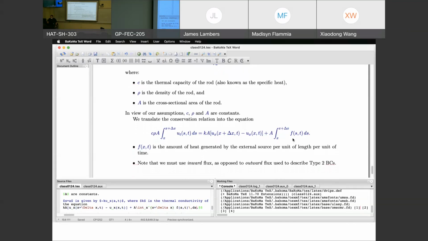And notice how f is the amount of heat generated per unit of length, per unit of time. So it's important to make sure that you have the units correct on that. And so, questions about how we arrive at this?